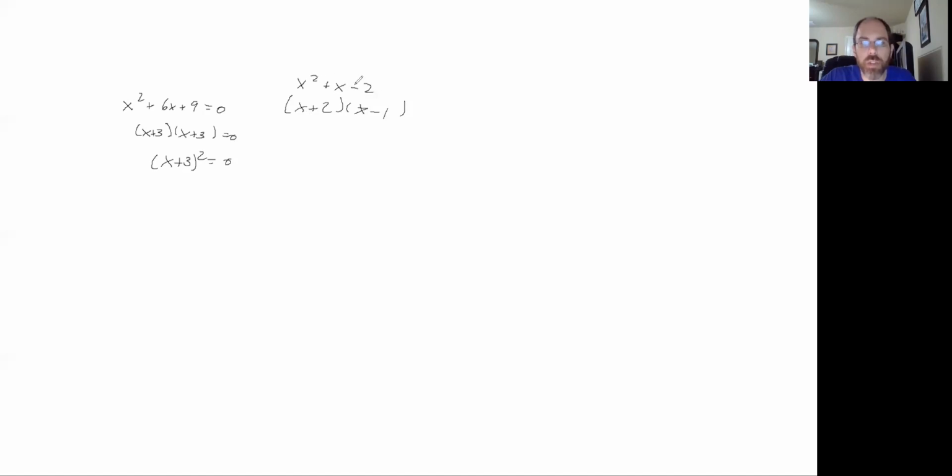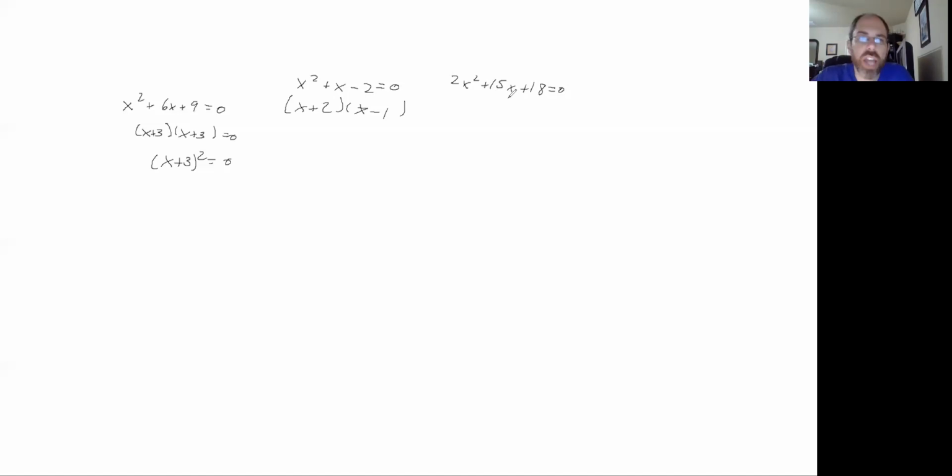So if I were given this one right here, I can see right off the bat how easily that factors. So this is one that I can definitely use factoring on. And we saw just a moment ago how even some that are seemingly a little more complicated, like 2x squared plus 15x plus 18, require a little bit more work, but they can still be factored.